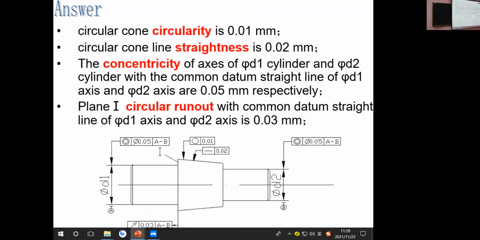The median plane is right. What is the concentricity? Not the median plane. This thing, right? It's not the one. Yeah, it's lovely, like the people.